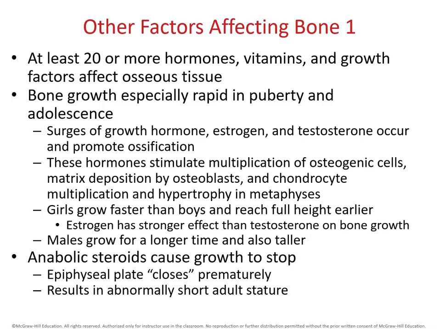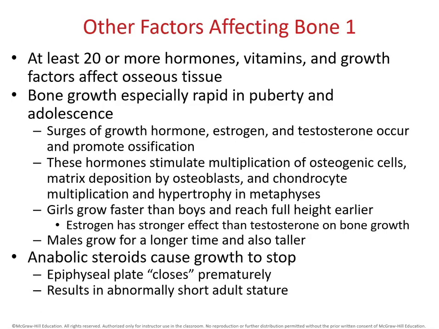So very briefly, some other things that affect bones. We've talked about calcium and phosphate, and those are very important. But there are 20 other hormones, growth factors, vitamins, and minerals that do have an impact on formation of osseous tissue. So what we've talked about here leaves out some of the more minor players in this process.